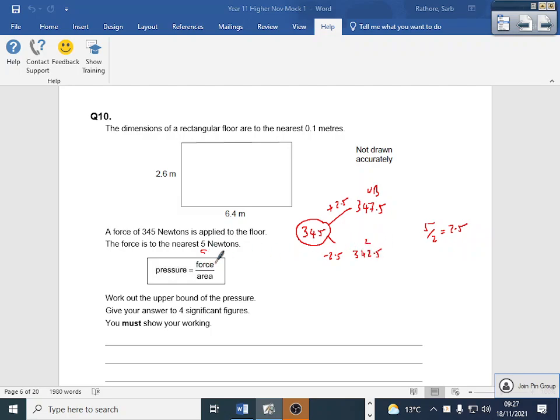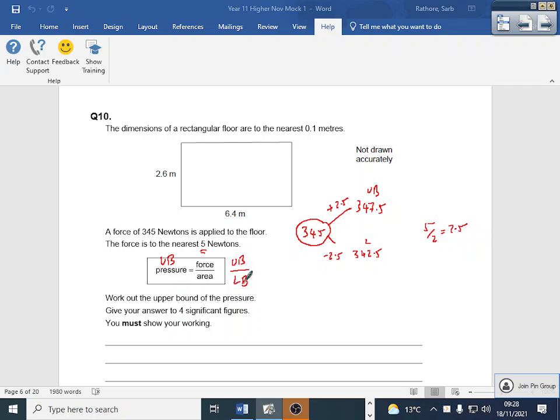Now, we want the upper bound for the pressure. To get the upper bound, we need the upper bound for the force divided by the lower bound for the area. That is the way you're going to get the biggest value. You can't use upper bound divided by upper bound.